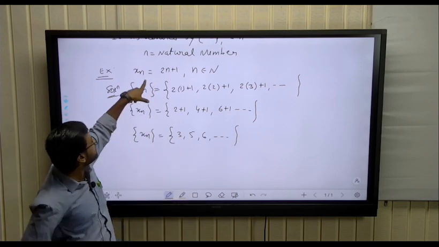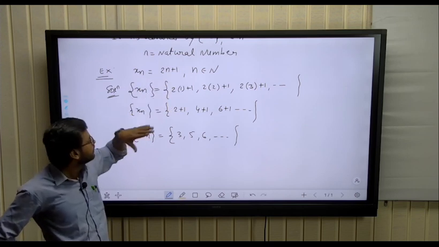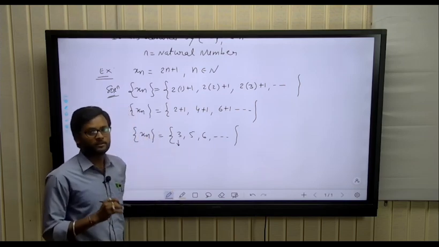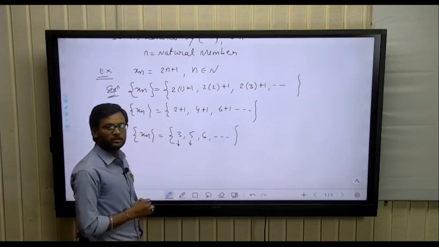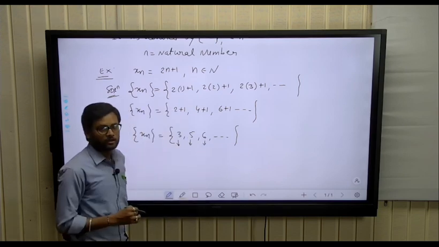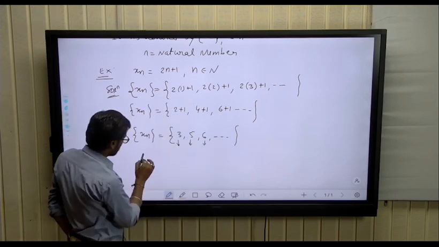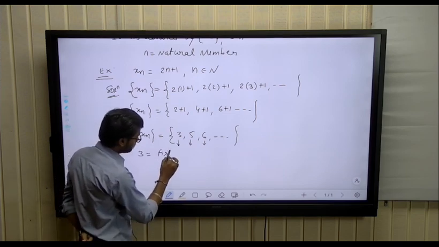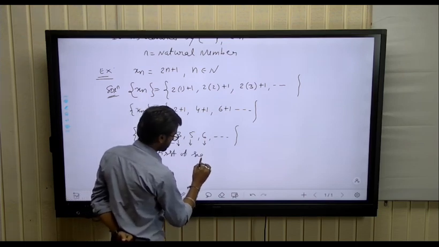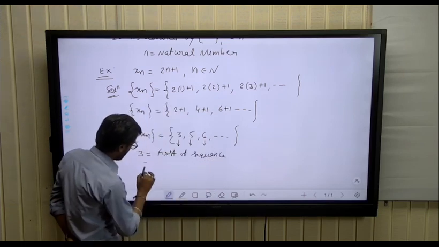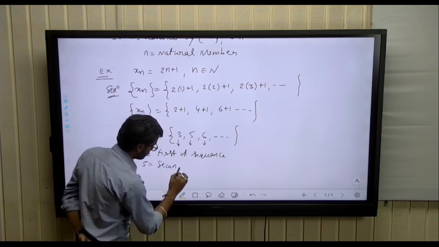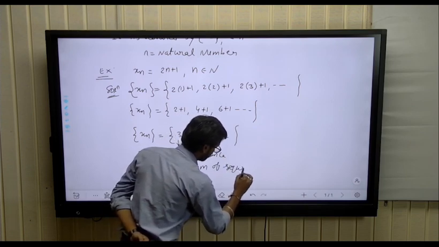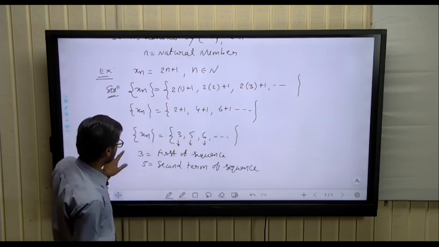The question is given that xn equals 2n plus 1, and we write down the terms of the sequence. Now this is called the first term of the sequence, this is called the second term, and this is called the third term and so on. So if we are asked about the terms, we say that 3 is the first term of the sequence, 5 is the second term, and so on, like 7 is the third term.